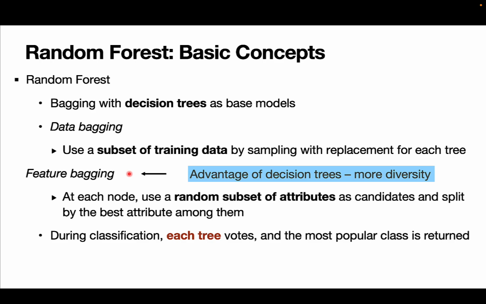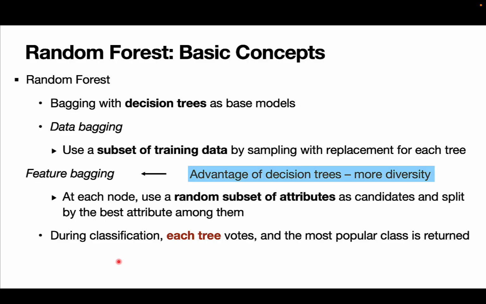Instead, we randomly select a subset of features for each tree. So instead of building a decision tree based on all available features, I randomly pick a subset and build the tree using those features. Then in the next iteration, I use another different subset of features.